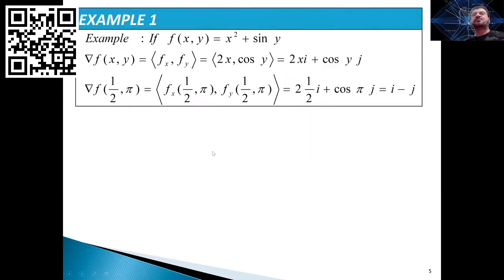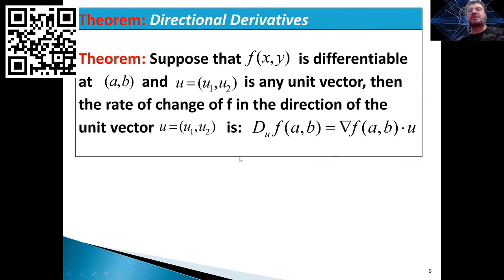All right. So this is the solution. Now, to find the rate of change of the function f in the direction of u, where u is a unit vector, this is found by a formula. Here it is. This is the directional derivative of f at the point (a, b) in the direction of u.